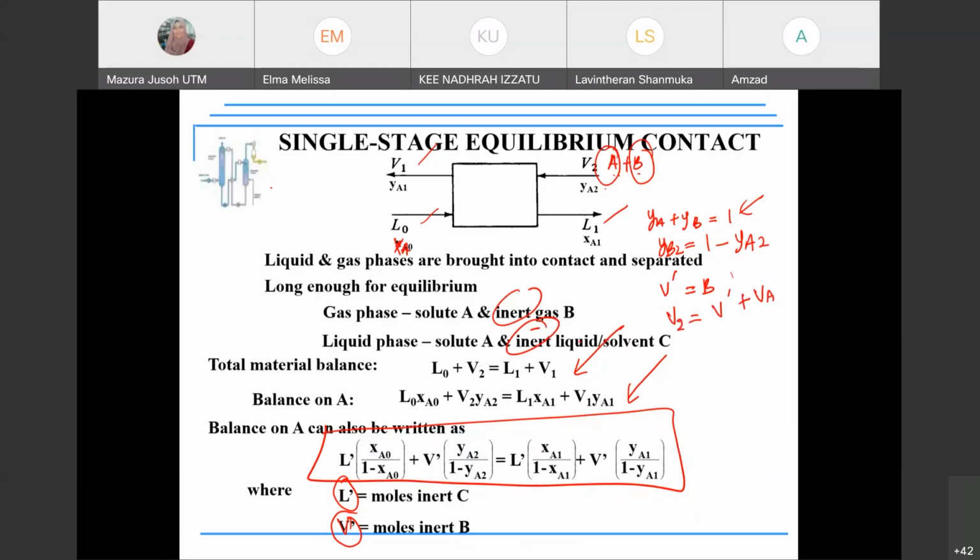So how do you get V2? It's actually mole fraction of A times V2 is actually A, right? Mole fraction of B times V2 is equal to B, in terms of flow rate.